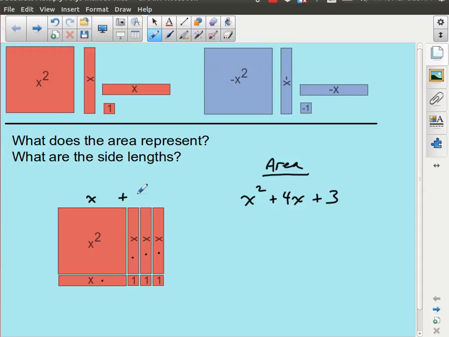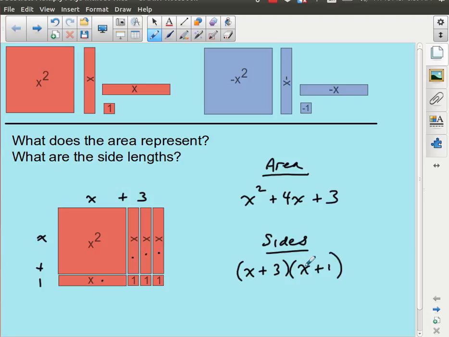So this represents x plus 3 along this side. Down the other side, I have an x, and it's going to be plus 1. So my area is x squared plus 4x plus 3. My sides are x plus 3 and x plus 1.